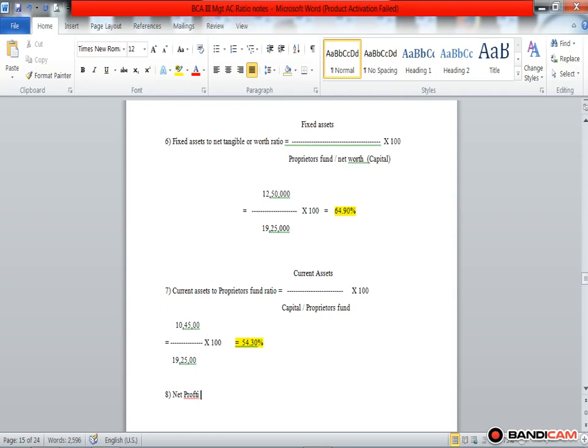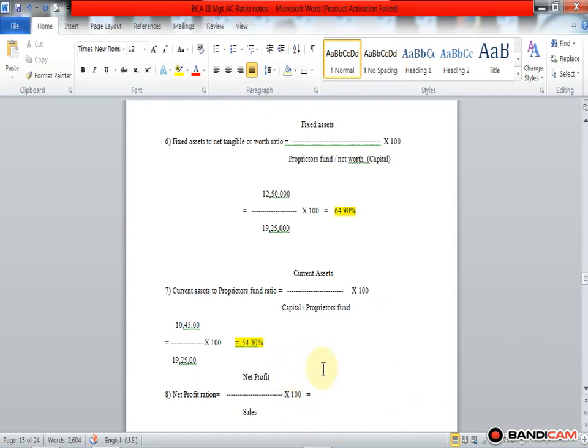Net profit ratio is equal to net profit divided by sales, multiplied by 100. So here net profit is given in the problem and sales is also given in the problem.